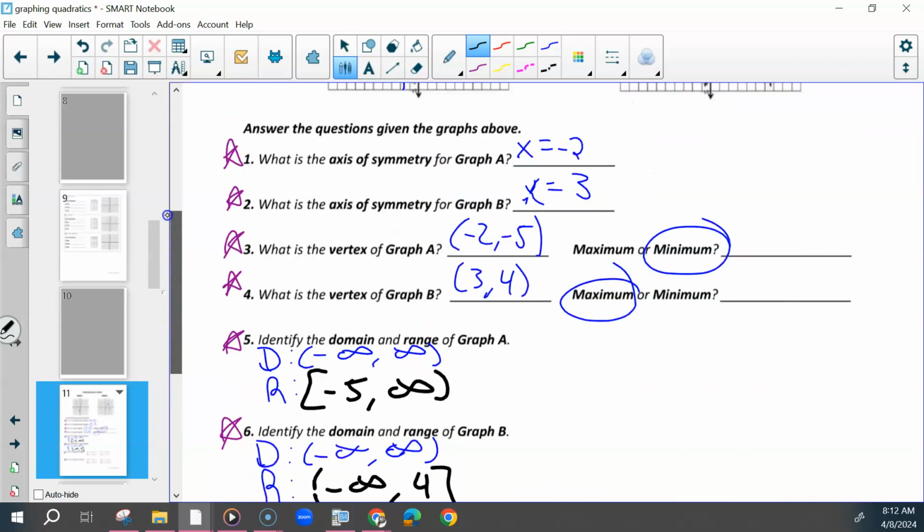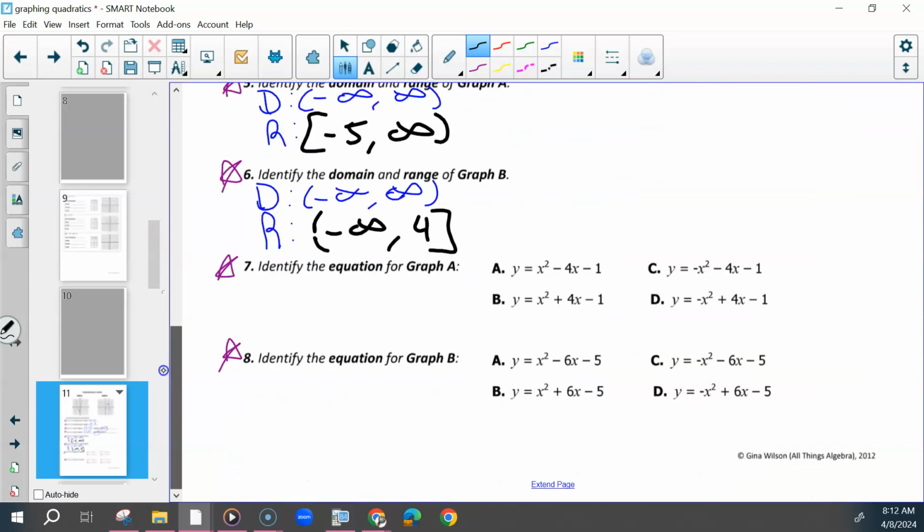So for 7, we know this is facing up. So we can eliminate which two? C and D, because those have a negative A value, those would face down. Then you could graph one of them, see if it matches, or pick a point and put it into all the x's and see if it's the same.